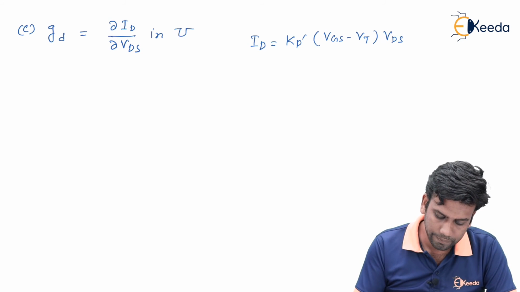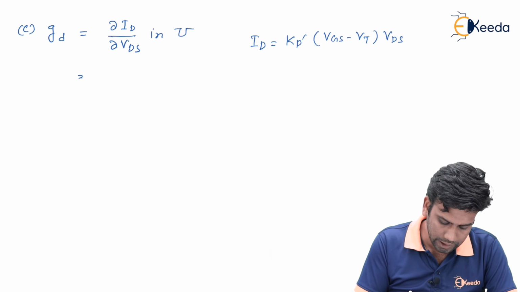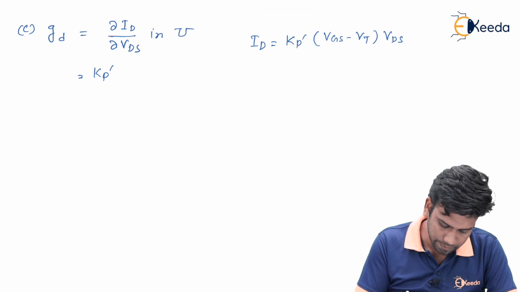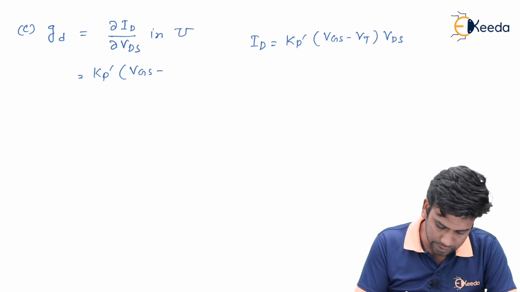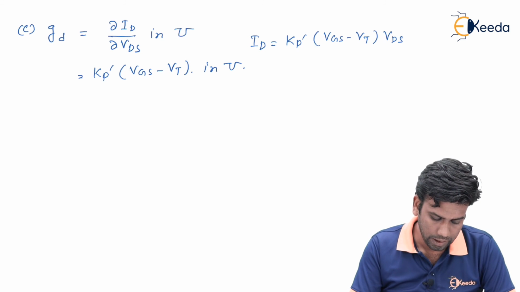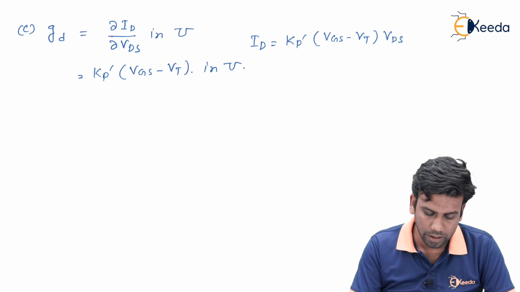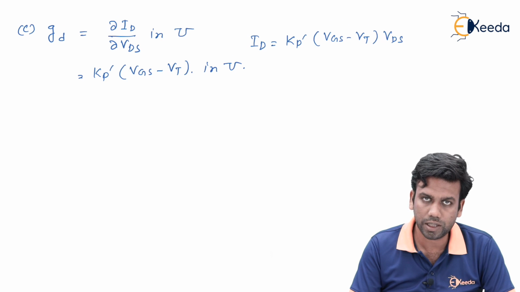So if we do the partial derivative of ID with respect to VDS, we can find it as Kp dash into (VGS minus VT) in mho. So these are the third parameter, that is the output conductance or the drain conductance, that can be calculated in the triode region. So this is all about the operation of the PMOS transistor in the triode region. Thank you.